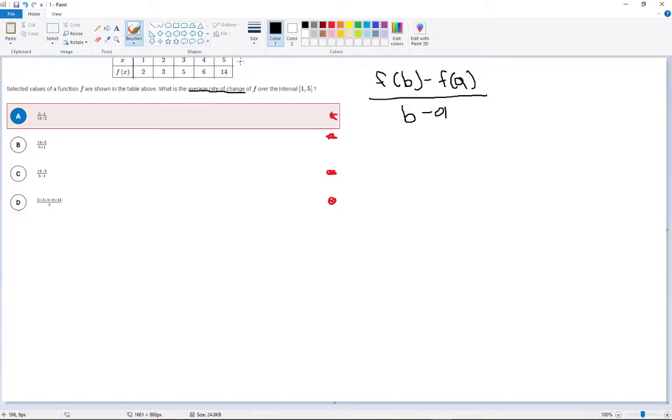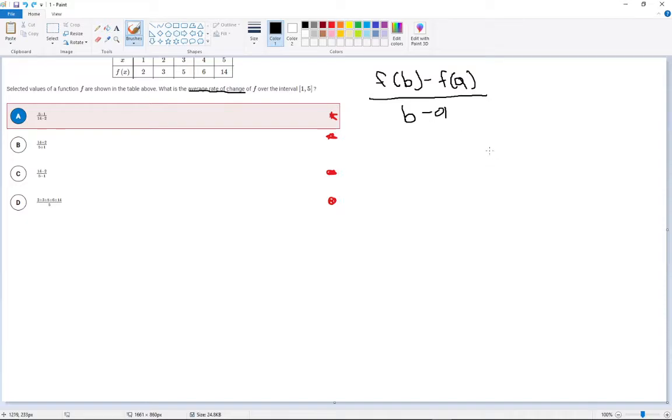We can say that x can be time, t, and f of x, the y value, could be, for example, meters. It goes back to the same concept of meters per second, and basically that is it. But we gotta focus more that the problem is giving us average rate of change. This is the formula.